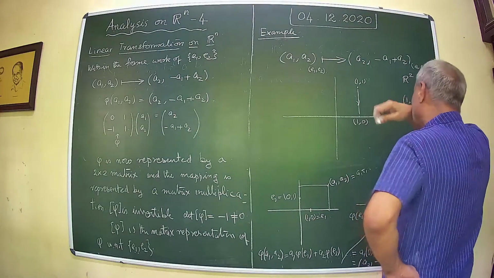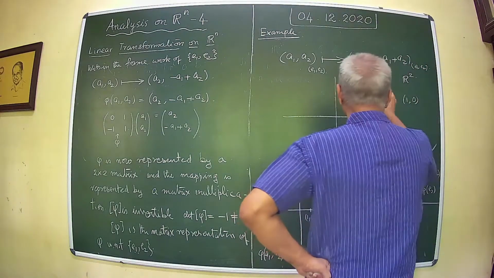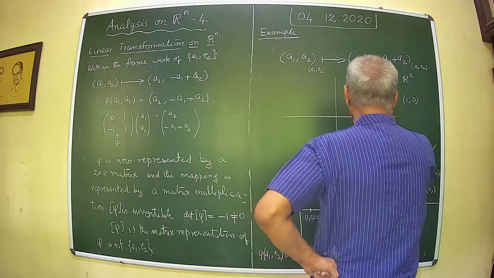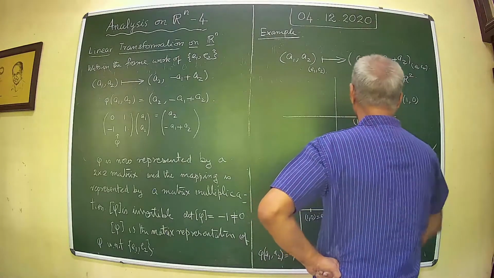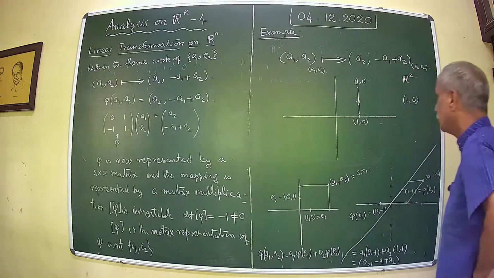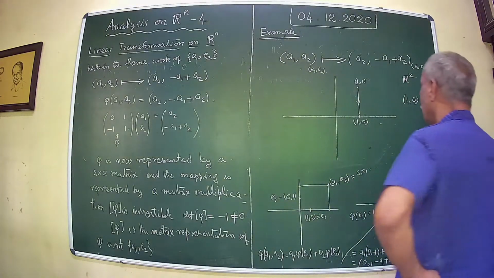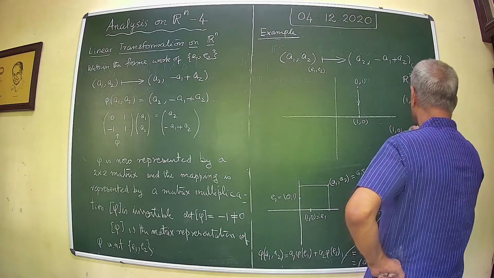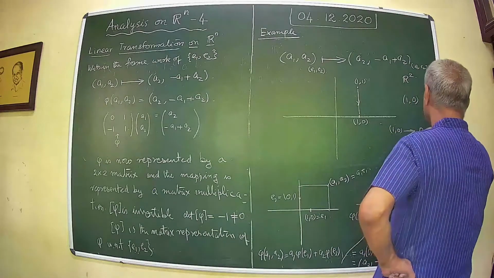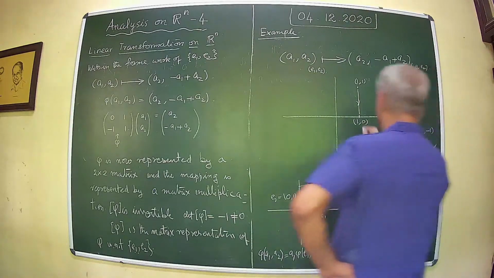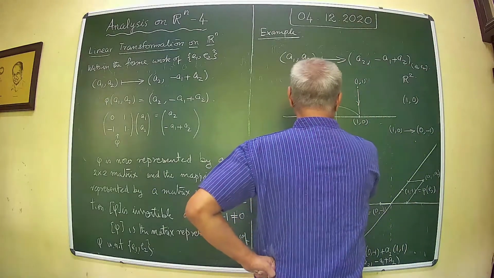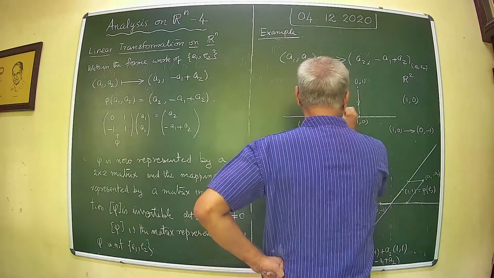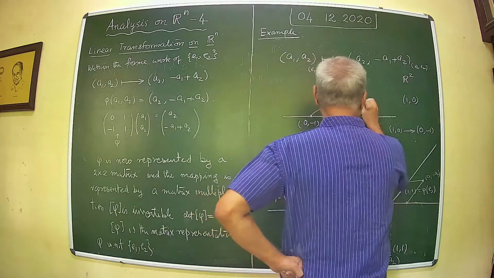So for instance, if you were to take the point 1, say 1, 0, what is the image of this? 1, 0 will be mapped to 0, 0, minus 1. So go to this is the mapping side.